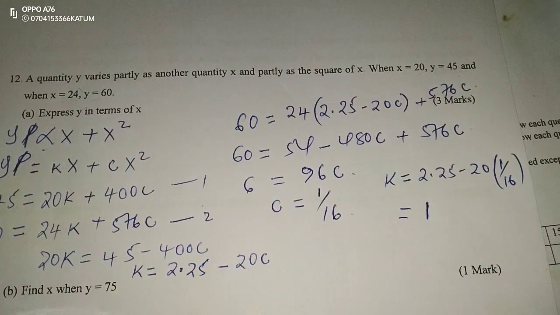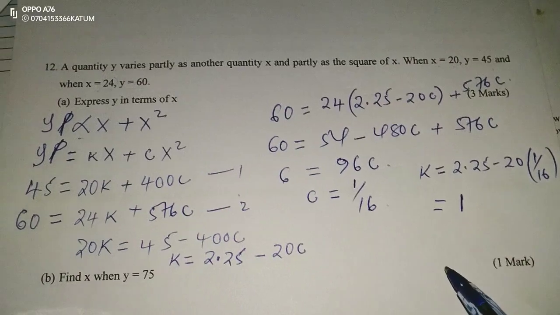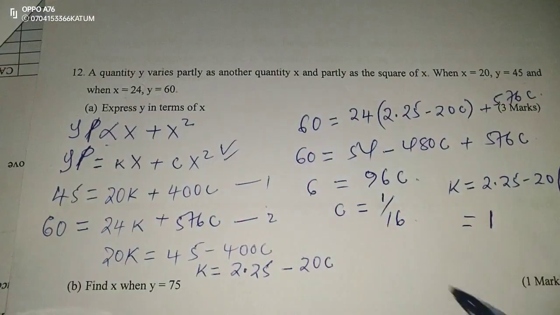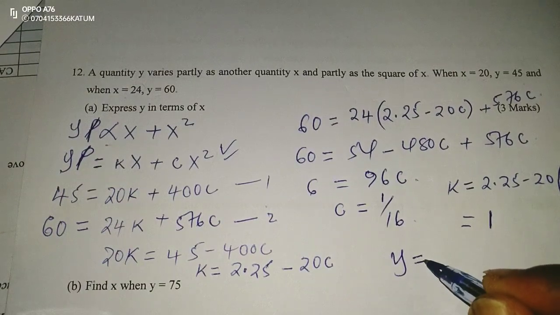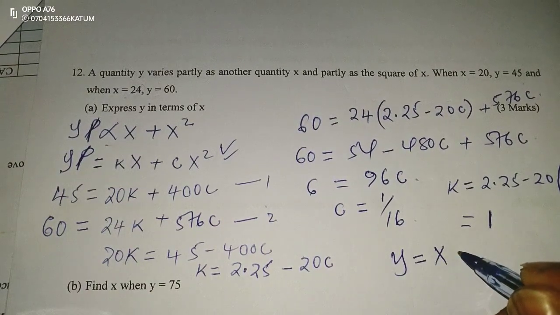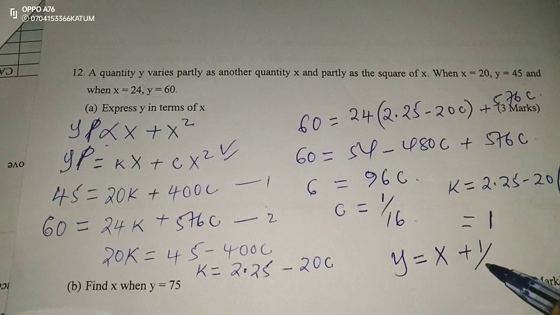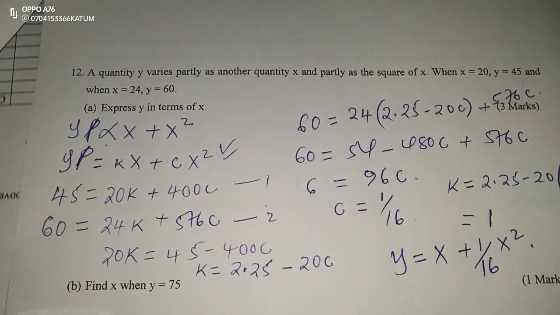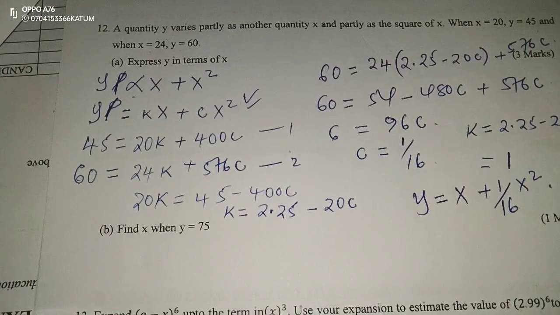So k is 1. Now that k is 1, we rewrite the general equation: y equals k, which is 1, times x, plus 1 out of 16, our value for c, times x squared. That is the general equation or the general expression.